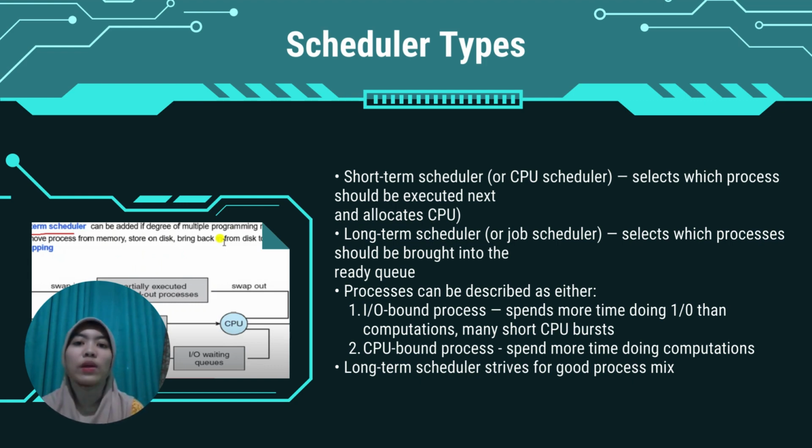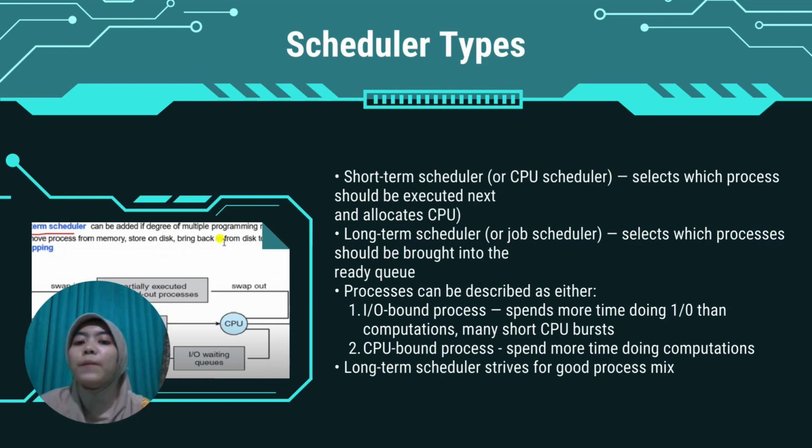For example, when a new process is initiated or arrives in the system, the long-term scheduler decides whether to admit it into memory based on factors like memory availability, system load, and process priority.